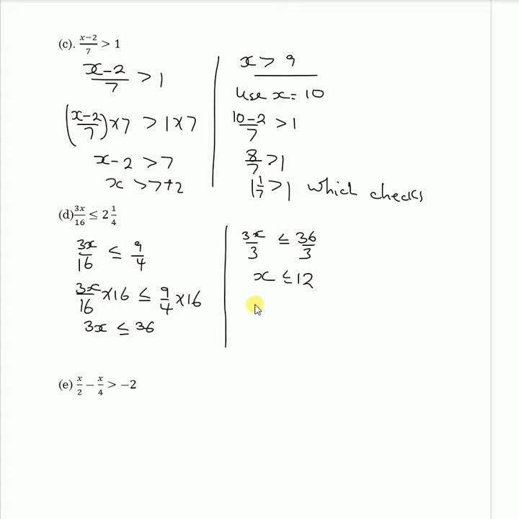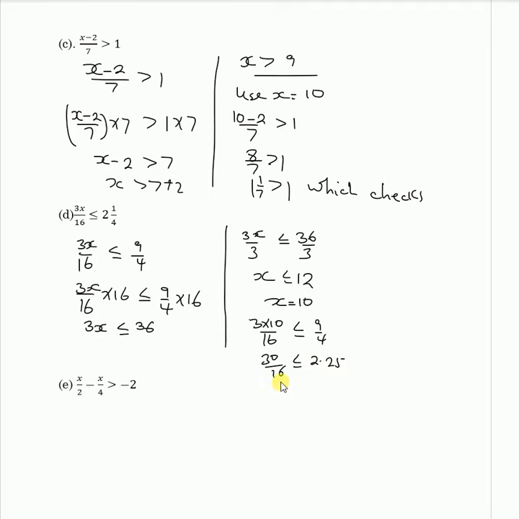So x is less or equal to 12. Let us check with the test with x equal to 10, because 10 is less than 12. So let us have 3 times 10 over 16 is less or equal to 9 over 4, 2.25, and this one is 30 divided by 16 is less or equal to 2.25.